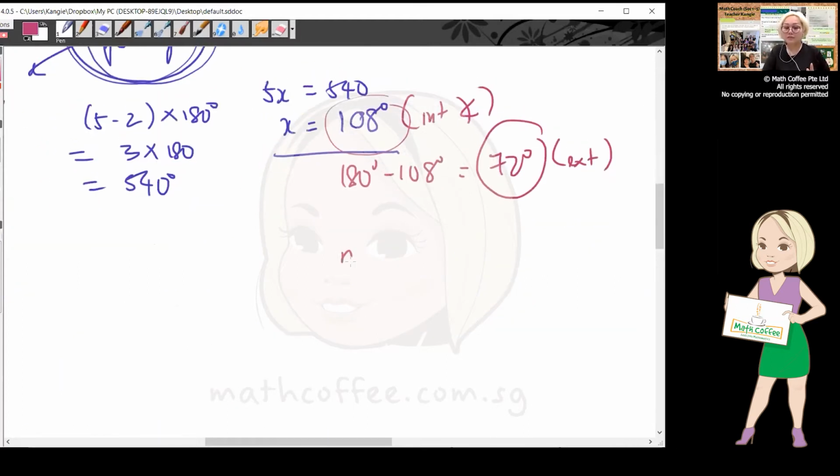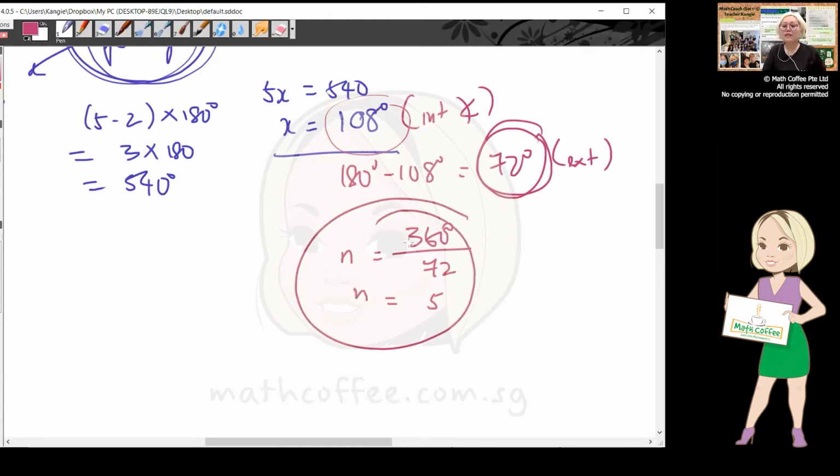So the number of sides is 360 degrees divided by one exterior angle, which is 72. Of course you get 5, because this one is a pentagon. A lot of students don't know about this shortcut. For a regular polygon, when you have the exterior angle, you simply take 360 degrees divided by one exterior angle, and you will know the number of sides.